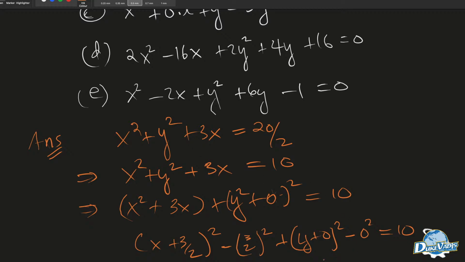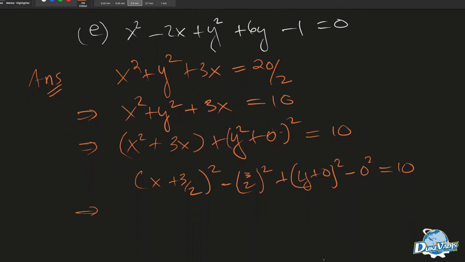Okay, so it implies that we have x plus 3 over 2 squared plus y squared, okay, is equal to 10, okay, minus 3 over 2.